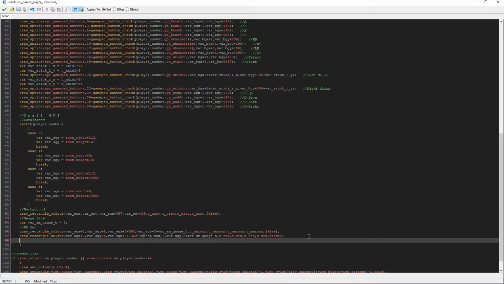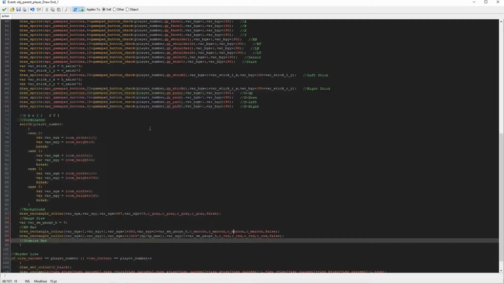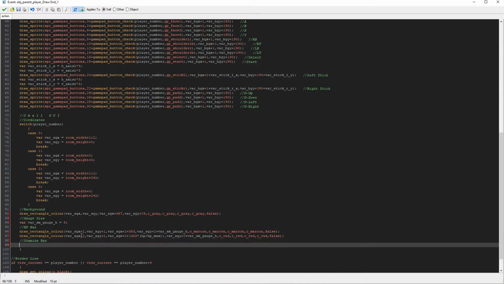Okay, HP bar. That's right. We're doing a stamina bar. Okay. Real quick, I need the colors. Okay.